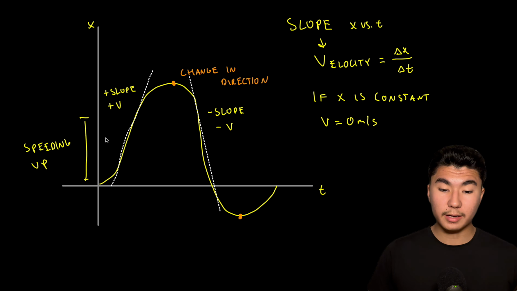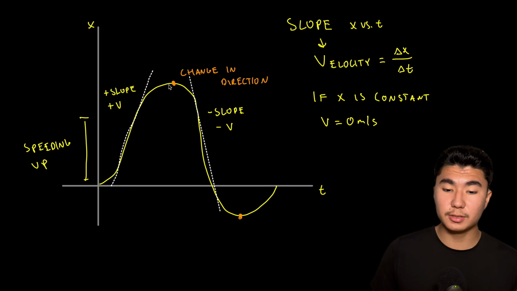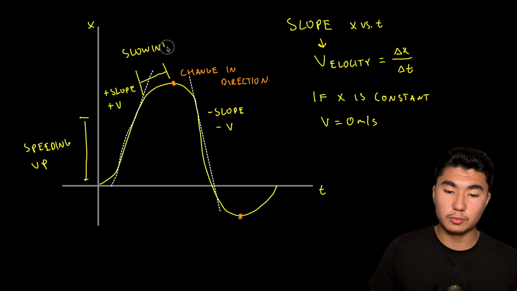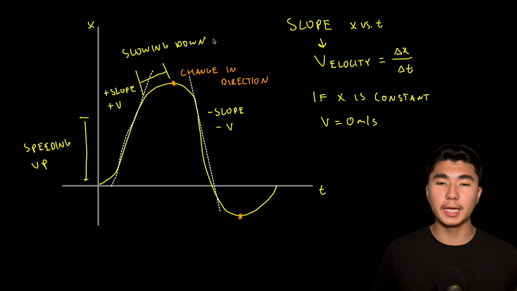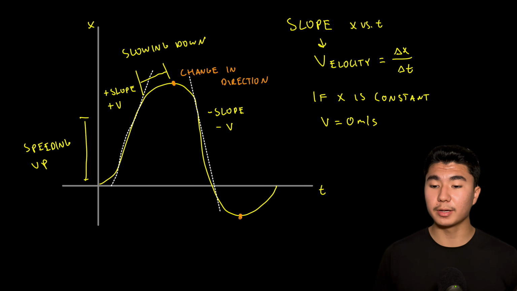And talking about speeding up and slowing down, when we get closer to this change in direction on our position versus time graph, this portion over here, we're going to be slowing down. The reason why is because not only are we getting closer to our change in direction, we're getting closer to our 0 velocity.